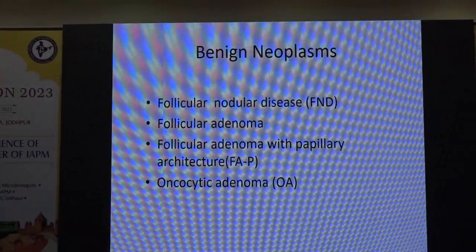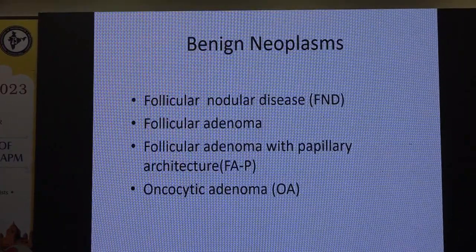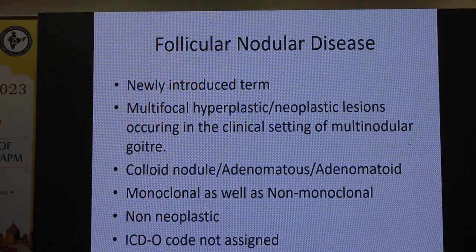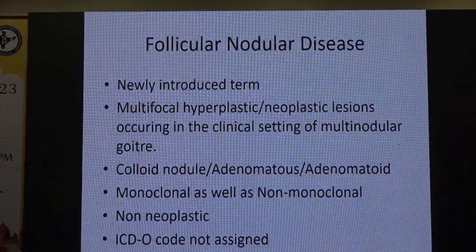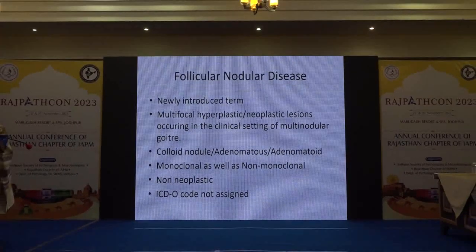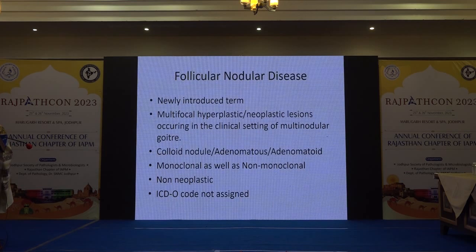The benign neoplasms, as I said, are follicular nodular disease, follicular adenoma with a papillary architecture, and oncocytic adenoma. Though this is a newly introduced term, we all are aware of this: a multifocal hyperplastic neoplastic lesion occurring in the clinical setting of a multinodular goiter. It can be colloid nodule, it can be adenomatous, it can be adenomatoid, sometimes very difficult to differentiate.